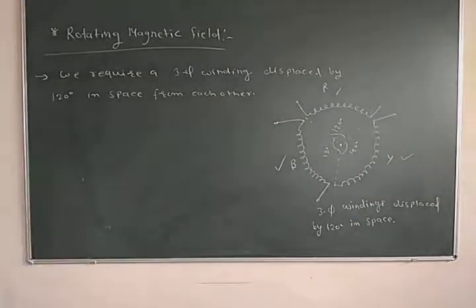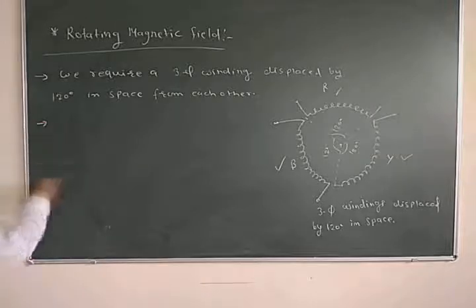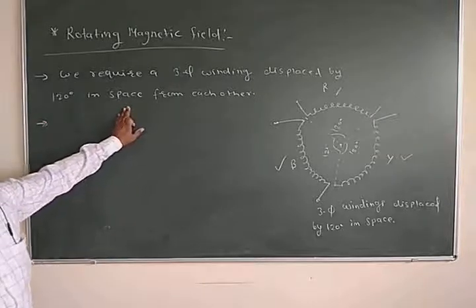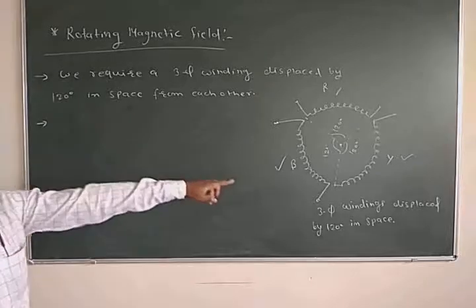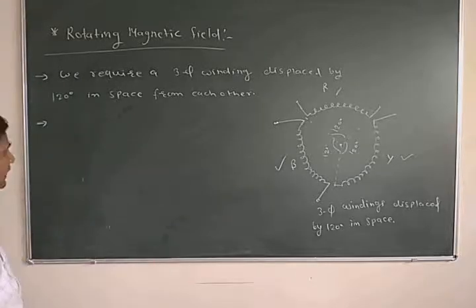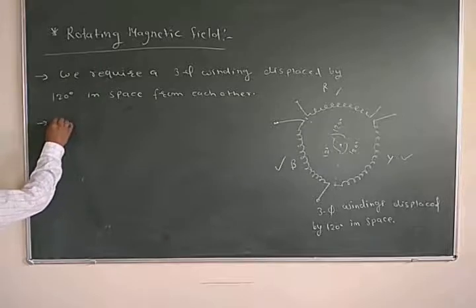Now to create a rotating magnetic field, the concept is there should be a three-phase winding which are displaced by 120 degree in space from each other. Second is a three-phase supply.